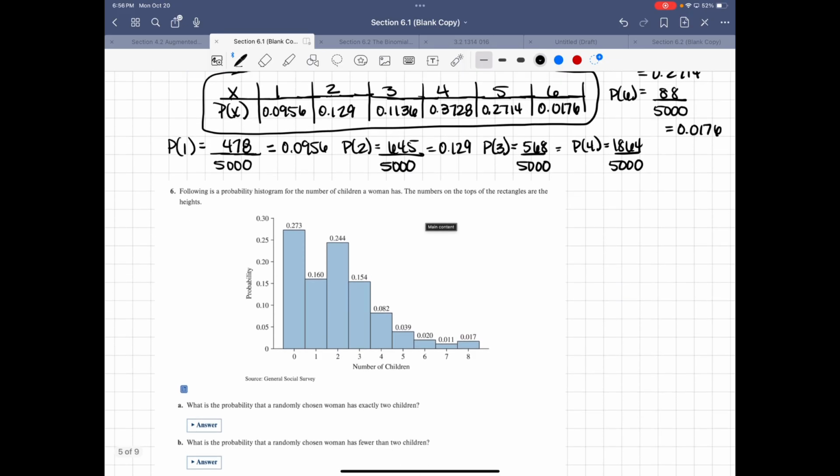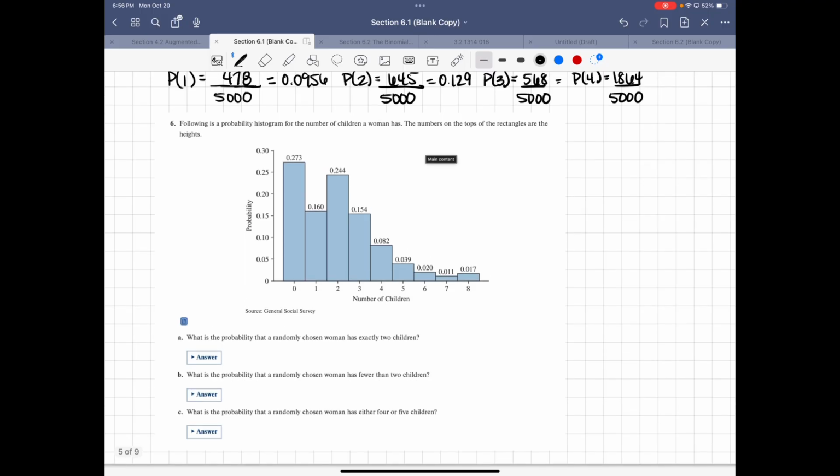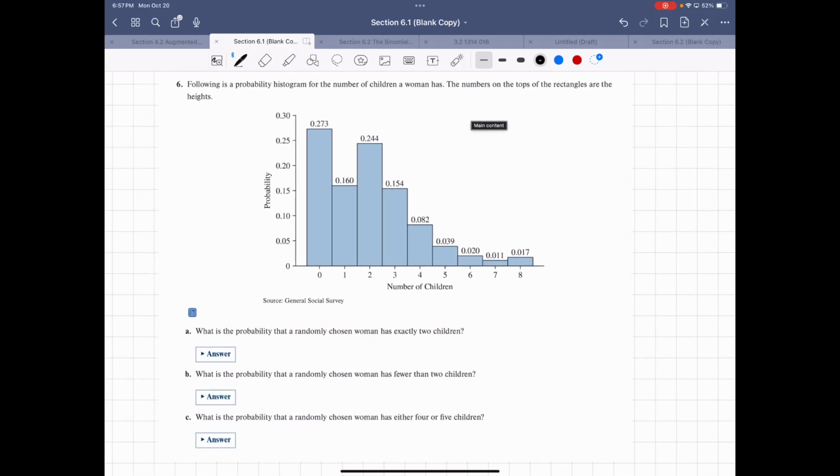Okay, number 6 says, following is a probability histogram for the number of children a woman has. The numbers on the tops of the rectangles are the heights. I only stress this because we had a little trouble reading those graphs on the Unit 1 test.